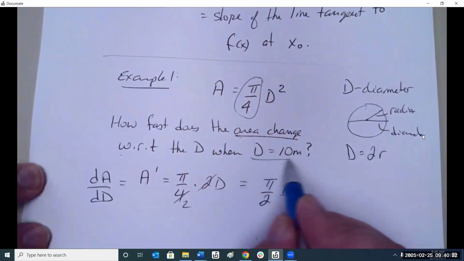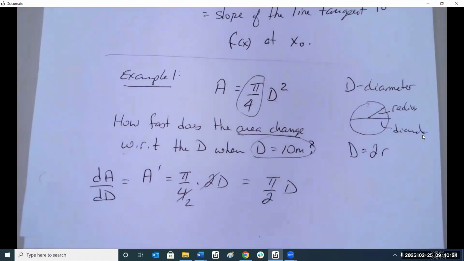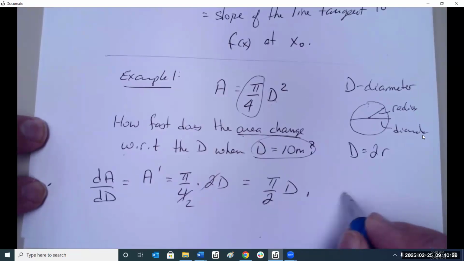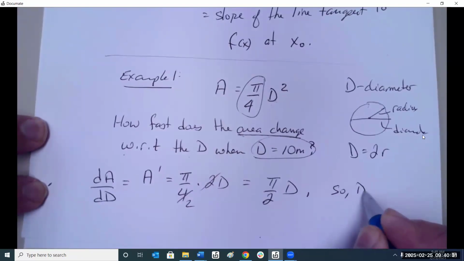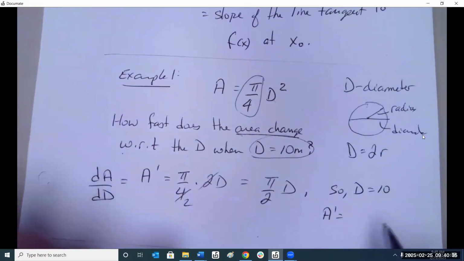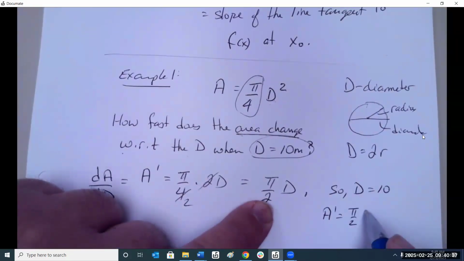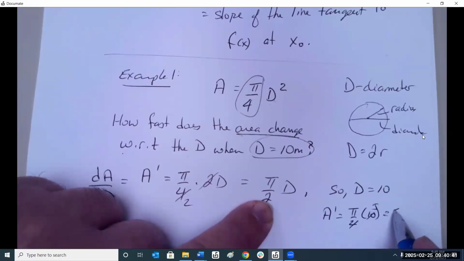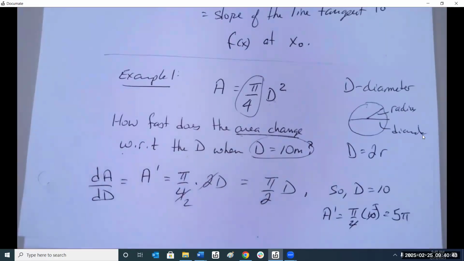So when it's 10 meters, how much does it change? We have pi over 2 times 10. It becomes 5 pi. So it changes at 5 pi per unit interval.